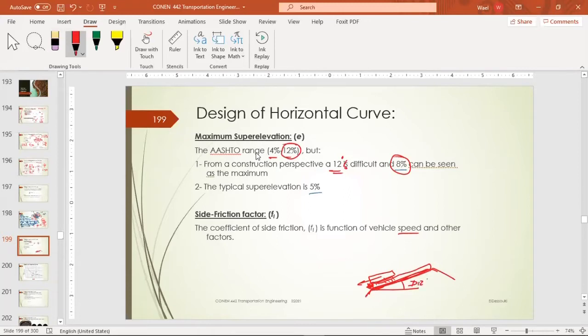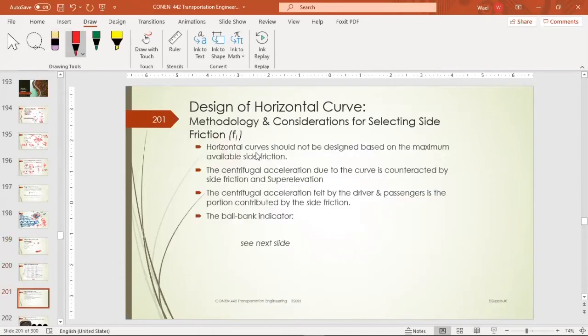Okay, that's why it's difficult to have more than 12% superelevation. Okay, so in designing the horizontal curve, the methodology for the design is based on the maximum consideration for selecting side friction, the maximum force drivers and passengers will be exposed to on the horizontal curve.